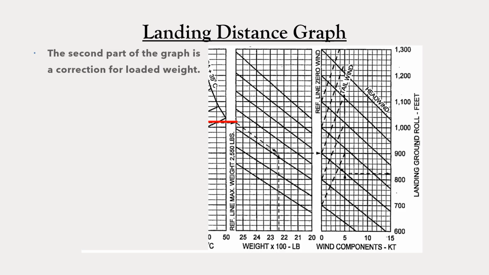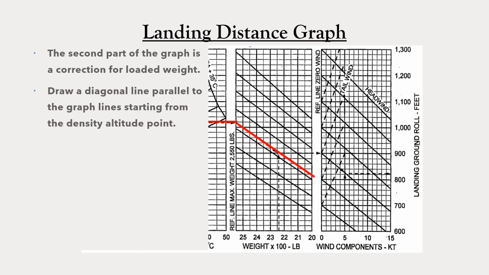The second part of the graph is where we correct for loaded weight. To do that, we'll draw a diagonal line that's parallel to these solid lines on the graph, and we'll start that line from where our density altitude came out.